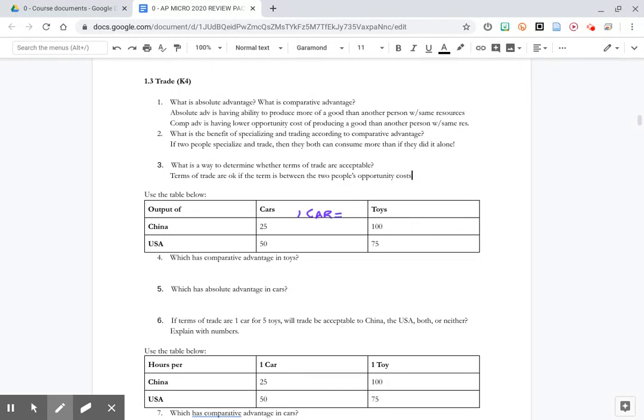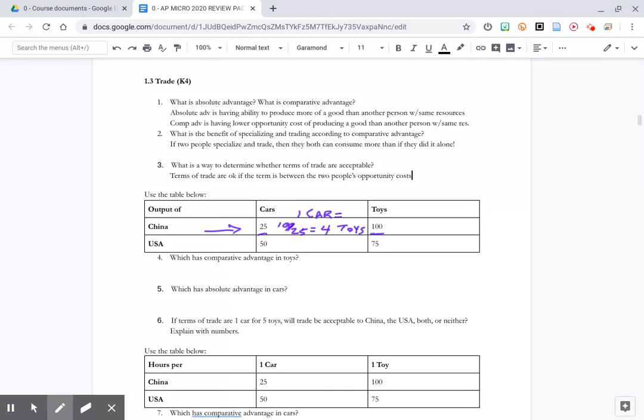And then we're going to say the outside number, 100, over the inside number, 25, is 4 toys. So what that means is that for China, because we're in China's row, China can make one car or they can make 4 toys with the same amount of time, right? So every car they make, they have to give up 4 toys, and vice versa. Every 4 toys they make, they give up 1 car.